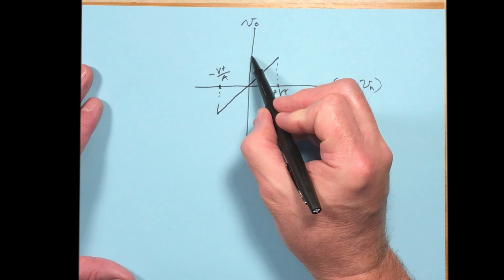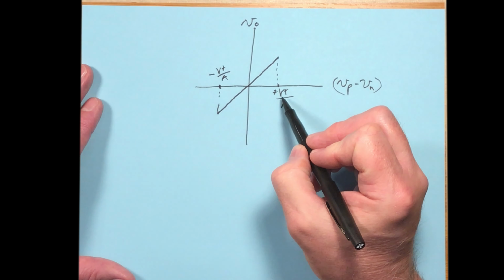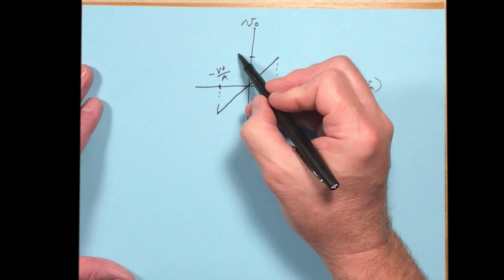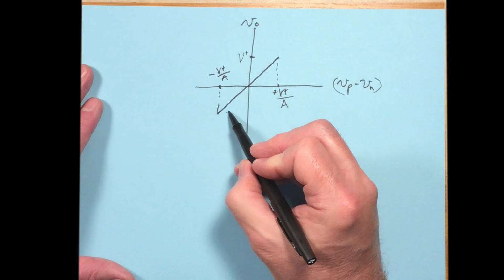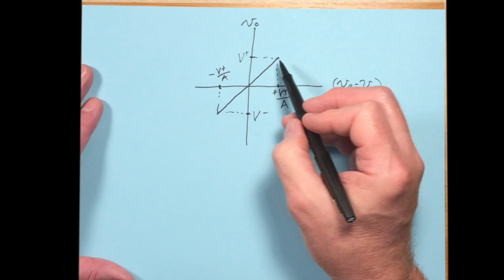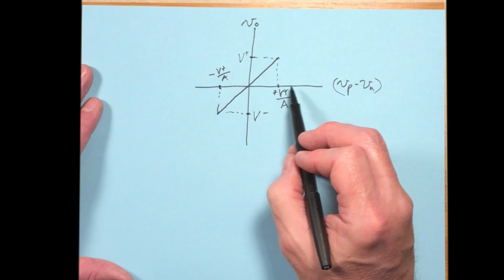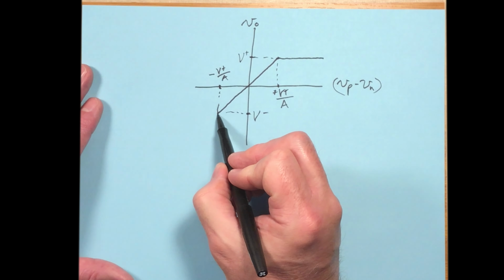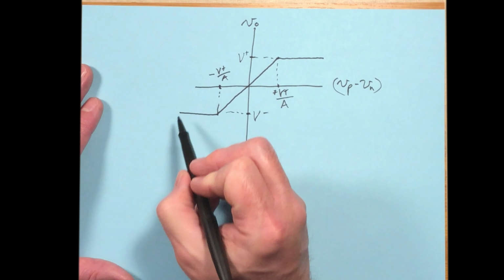And the output then, at its maximum here, if you had that as your input, then the output is going to be V plus, and down here, V minus. Okay. Now, outside that range, let's say your input is over on this side, the maximum you're going to get out is this, or the minimum you're going to get out is this.